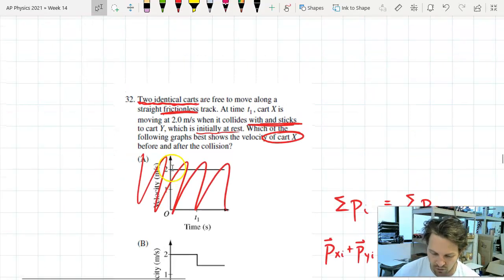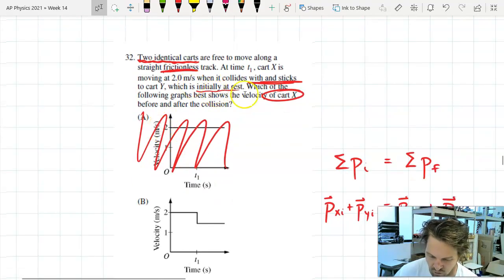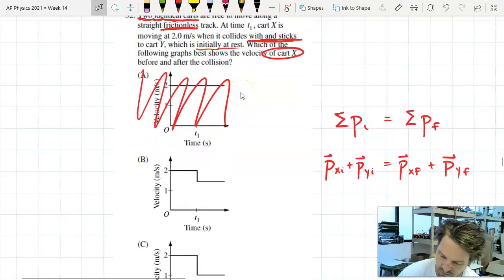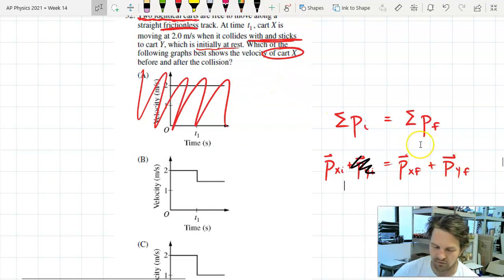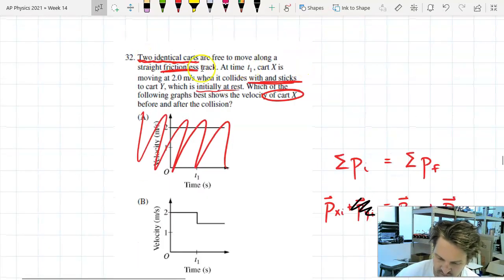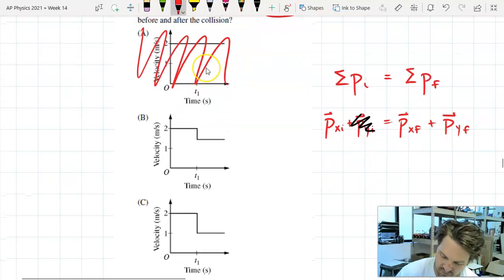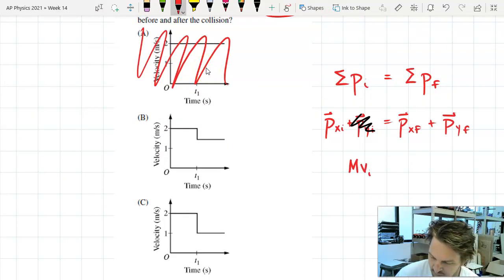Well, initially we know cart Y was at rest. So this one is gone. And then they stick together at the end. They're the same mass. Let's just call them M. So this is M, V, initial. And then when they stick together, they double their mass.